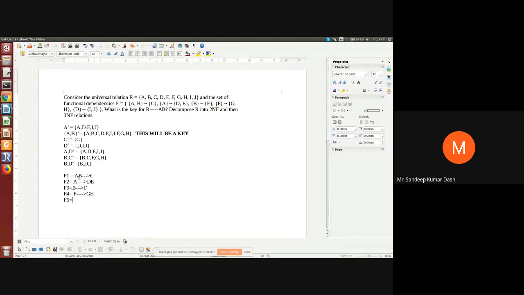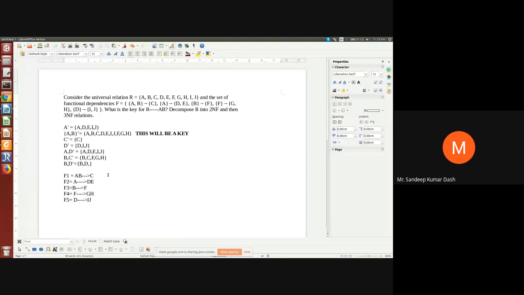F5 is D determines IJ. Fine. So this is your functional dependency set given. AB determines C, A determines D, B determines F, F determines GH, D determines IJ.